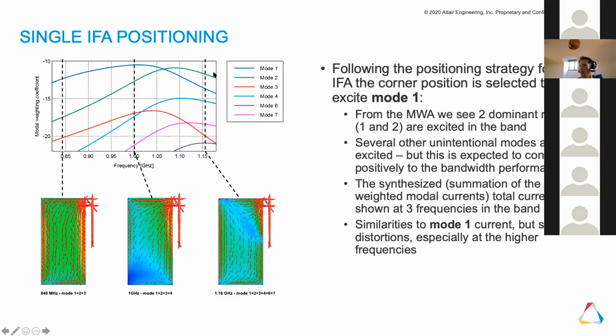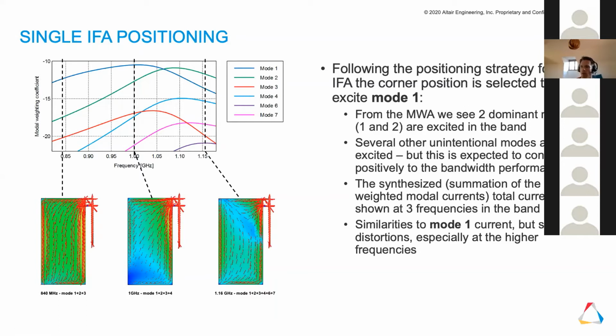So as previously we had mode 1 and 2, we now have, in this case, 4 additional modes that have a modal weighting coefficient above -25 dB. And the graphs that I'm showing, the current distributions that I'm showing here, are the synthesized currents.